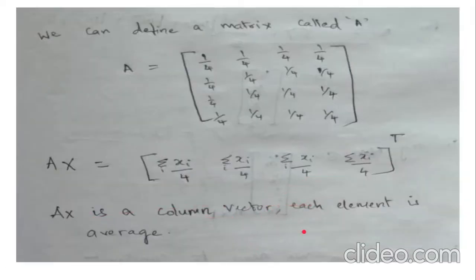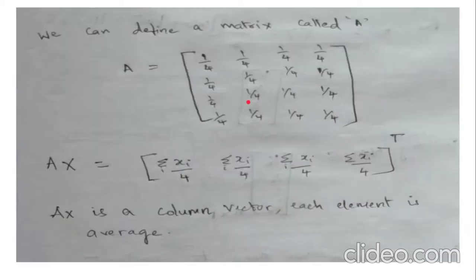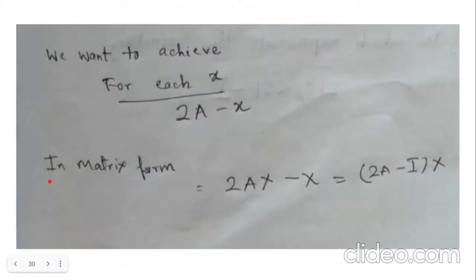So AX is a column vector in which each element is the average. But what we want to achieve is 2 times the average minus each number. Since AX is the average, 2 times the average would be 2AX, minus X, which is just the column vector X. So that would be (2A minus I) operating on the column vector X.